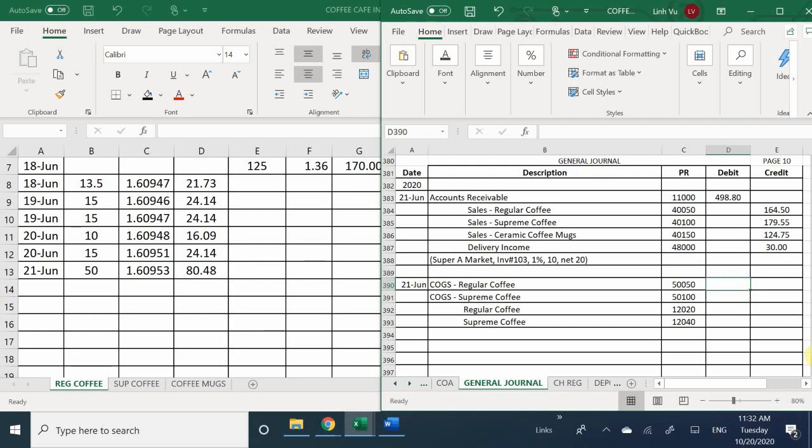For what was the cost of goods sold for my regular coffee? That is 80.48. And lastly, my Supreme Coffee was 81 even. Yep, 81 even.